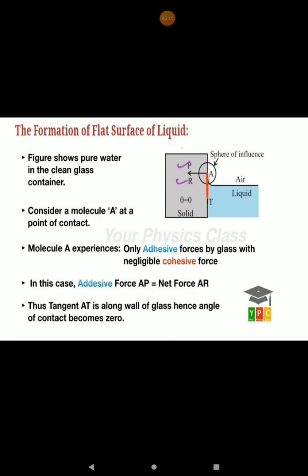Now see here, when pure water is taken in a glass container, the adhesive force experienced at the point of contact by glass is negligible, and the cohesive force is greater. In this case, the adhesive force along AP is equal to the net resultant force AR, so the adhesive force and resultant force are along the same line.